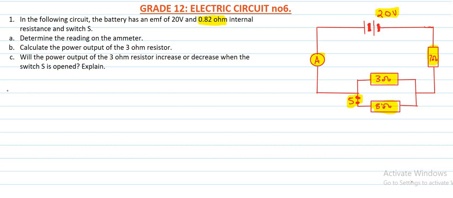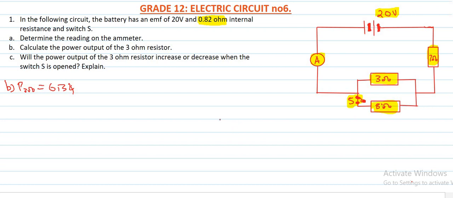Remember on number B, the power output of the 3 ohm resistor, we got 6.34. If the switch is open, meaning there's no current flowing through the 8 ohm resistor.